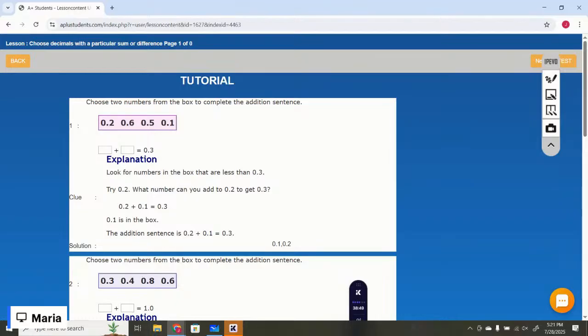Choose two numbers from the box to complete the addition sentence. So, which two numbers have the sum 0.3? That is 0.2 plus 0.1. Together they make 0.3. Let's just start with the test questions.